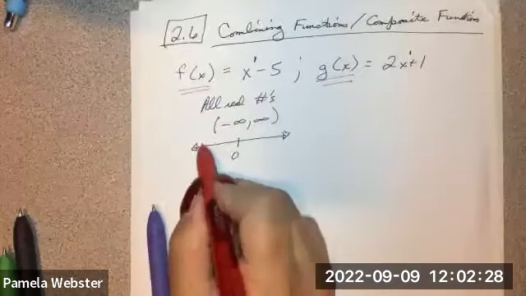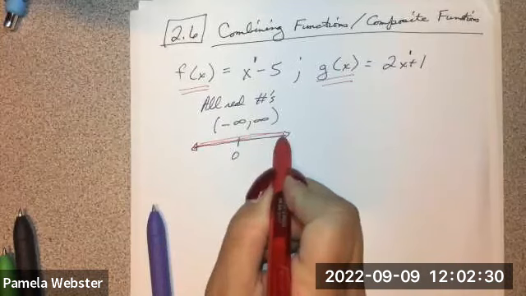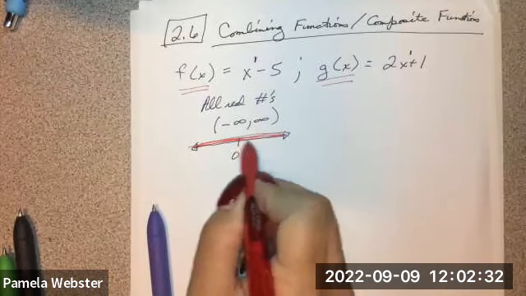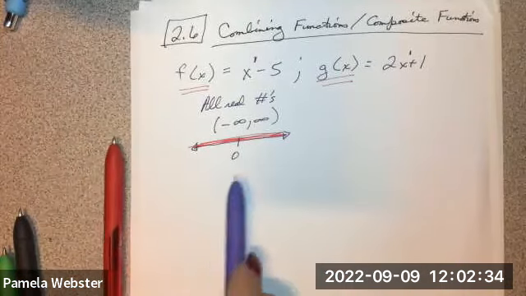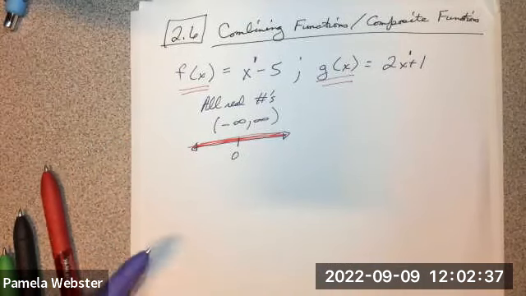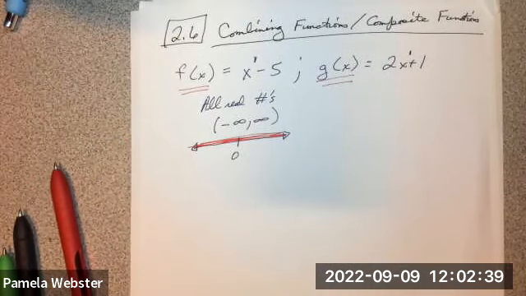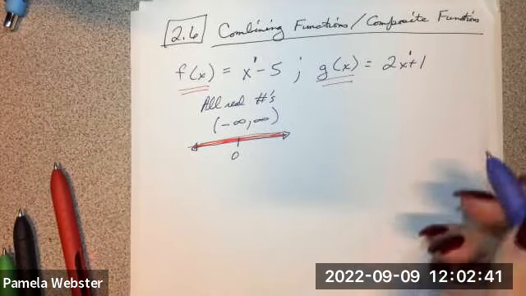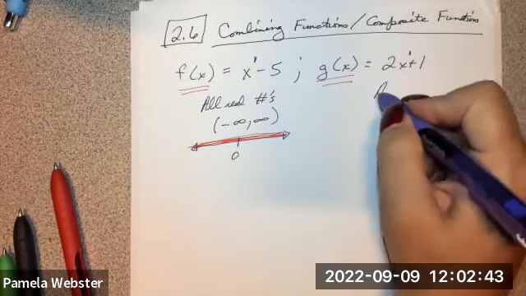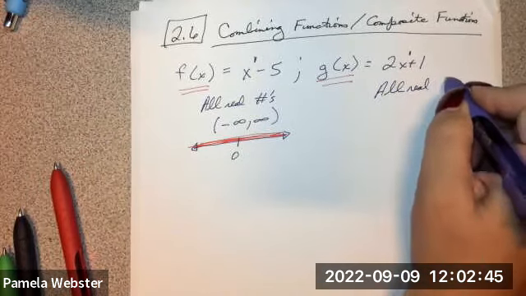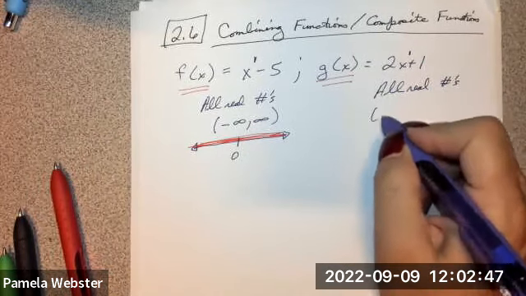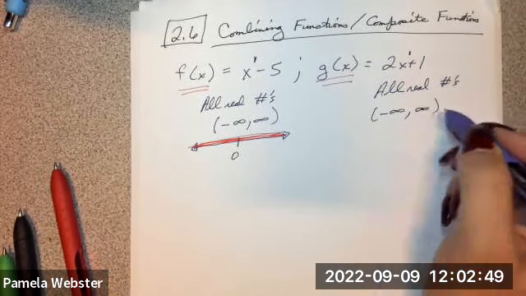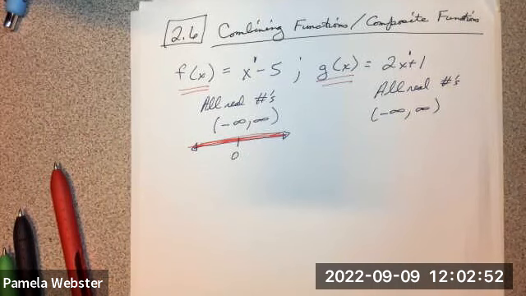I would say there are no bad spots anywhere on this number line. So all of those work. If I pick, for instance, x equals 6 and put it in there, 6 minus 5 is 1. I'm only getting one output, I'm okay. And the same is true for g of x, right? All real numbers, and negative infinity to positive infinity. So there we go. We're not concerned about that.